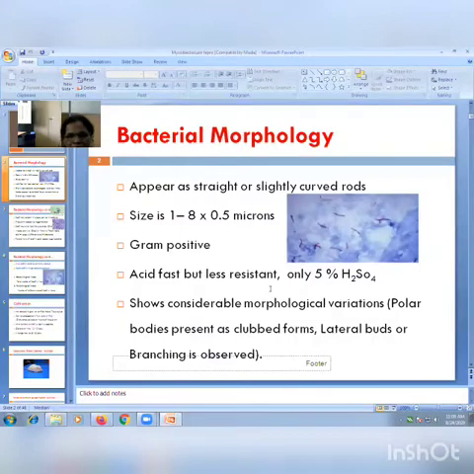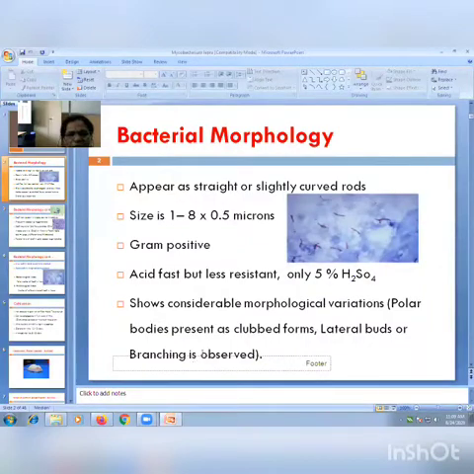That's why the concentration of H2SO4 is different for staining of these two, TB bacilli and leprosy bacilli. Since these are less acid fast, only 5% H2SO4 is used for decolorization, and in tuberculosis bacilli, 20% is used because they are more acid fast.